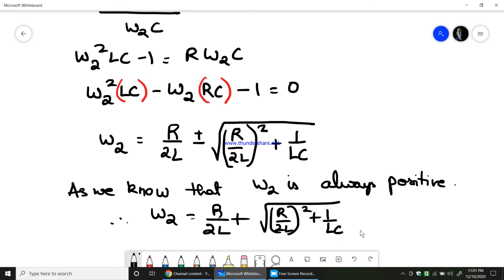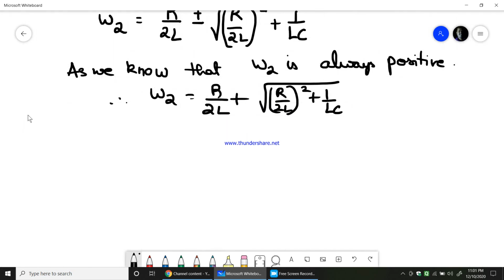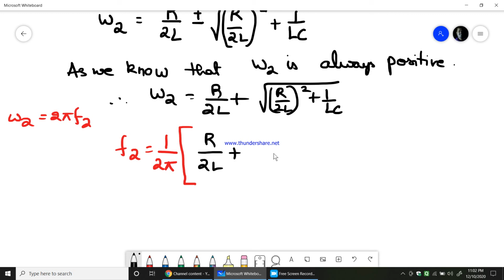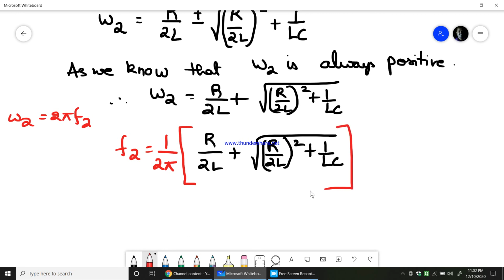Therefore, since omega 2 is 2 pi F2, F2 would be equal to 1 over 2 pi multiplied by R by 2L plus square root of R by 2L the whole square plus 1 over LC. So this is the equation for the frequency F2.